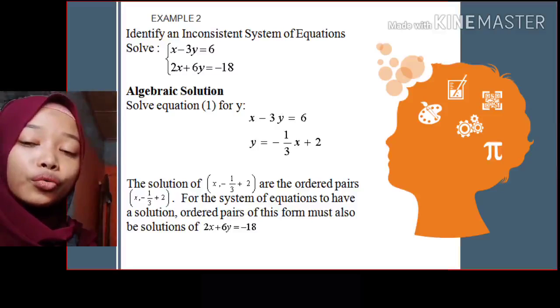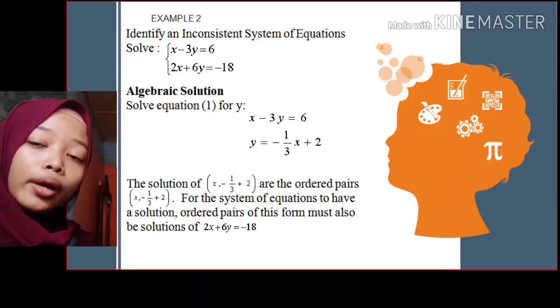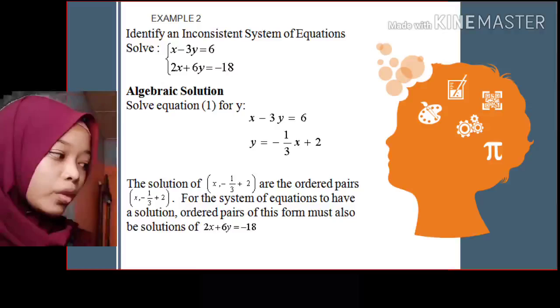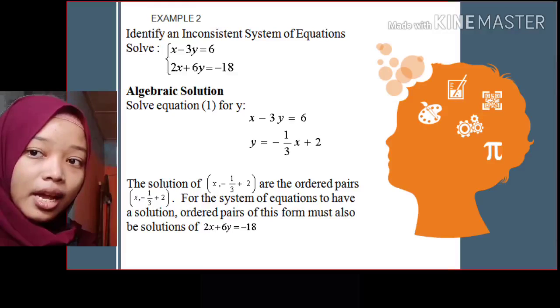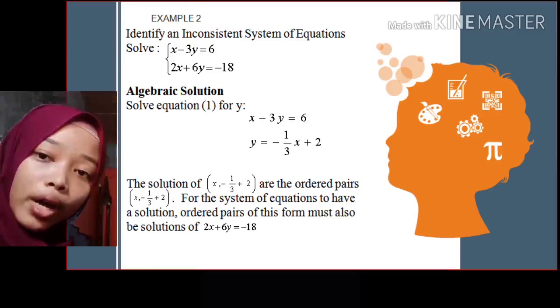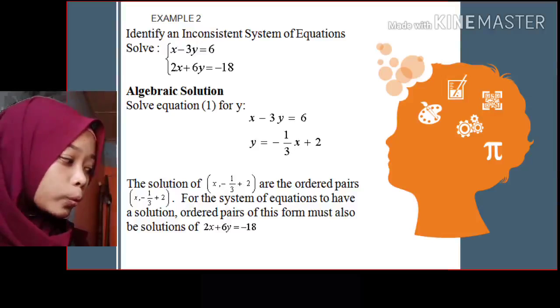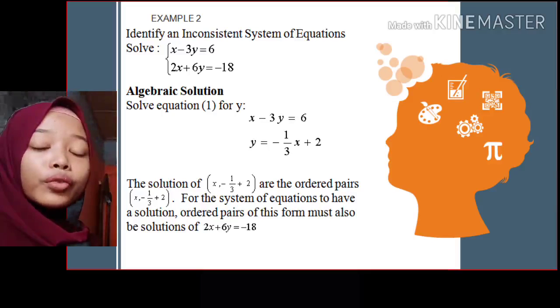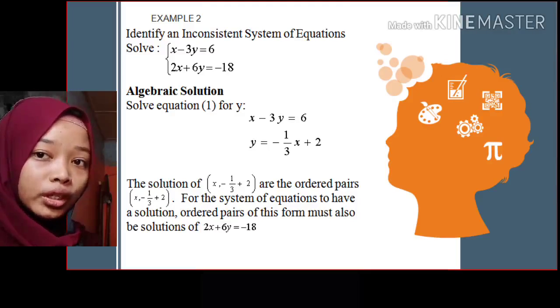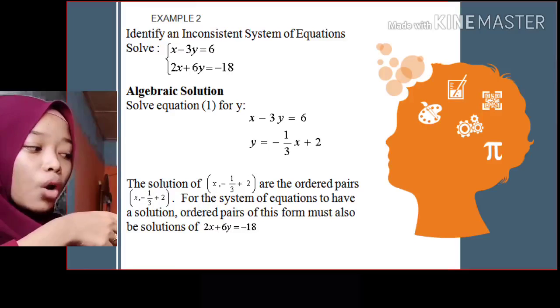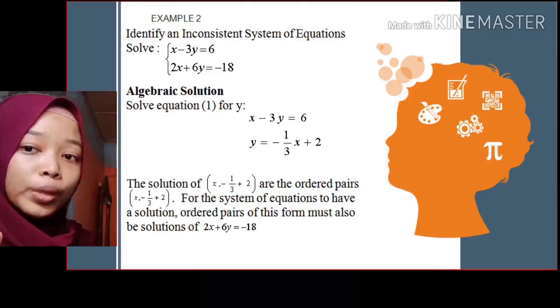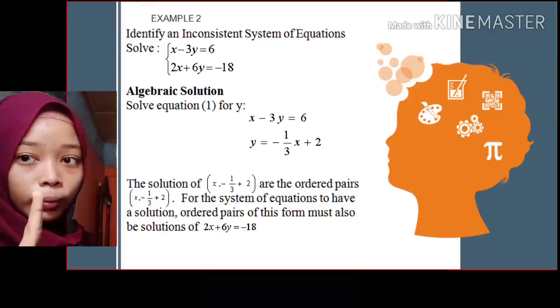The solutions of y equals minus 1 over 3 x plus 2 are the ordered pairs (x, minus 1 over 3 x plus 2). For the system of equations to have a solution, ordered pairs of this form must also be solutions of equation 2.